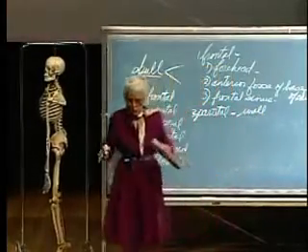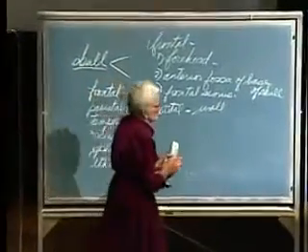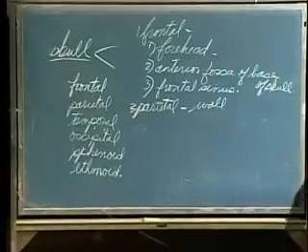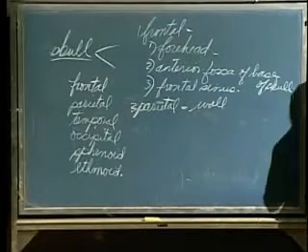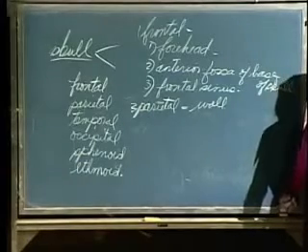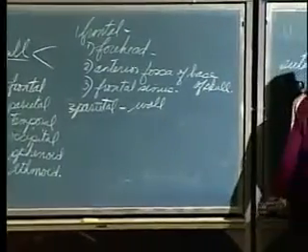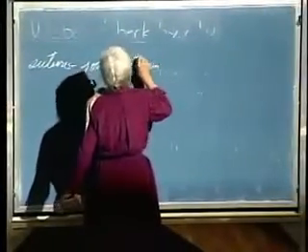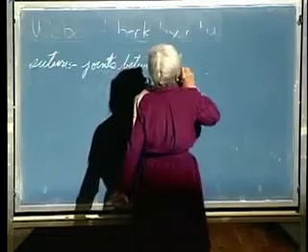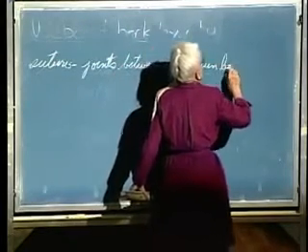And I want to introduce the term suture to you now, because a suture is the joint between the skull bones. And it's important that you understand them. Suture, the joint, between calvarium bones.